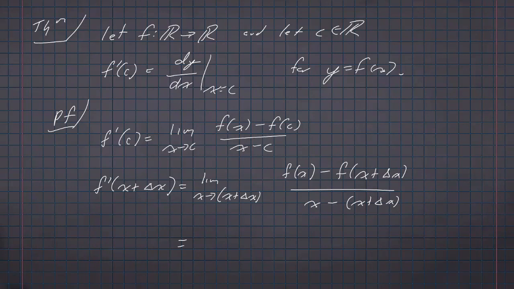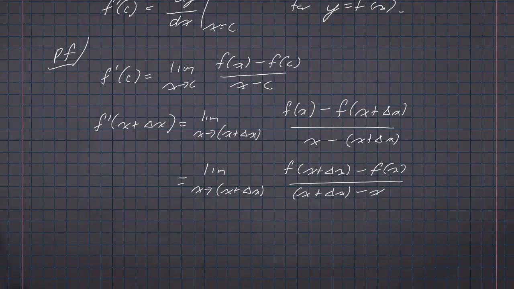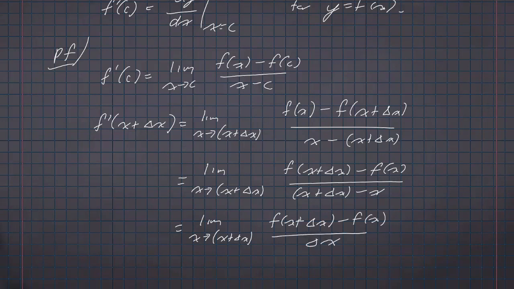So I can easily write this as the limit as x approaches x plus delta x of f of x plus delta x minus f of x all over x plus delta x minus x. And now in that denominator, the x and minus x will cancel each other out. So we have the limit as x approaches x plus delta x of f of x plus delta x minus f of x all over delta x.